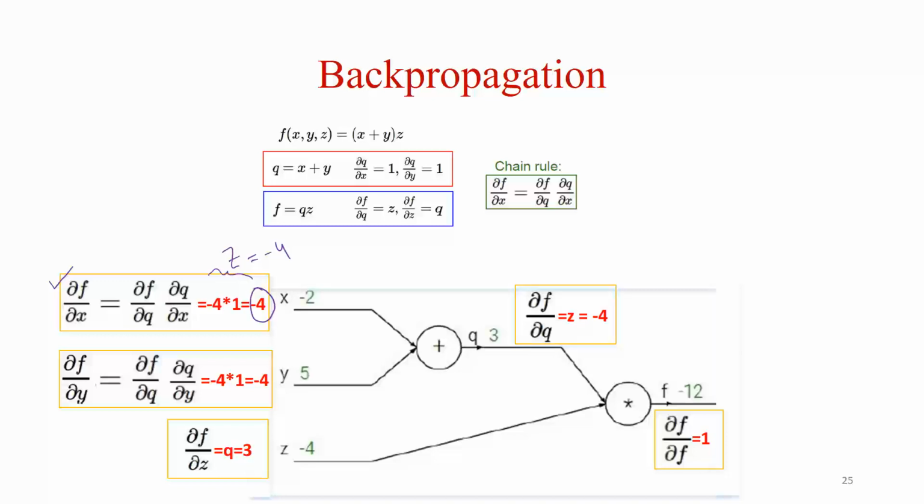Similarly, you can do the same math here. So this is delta f over delta q, which equals z, and delta q with respect to delta y equals 1, again gives you -4, which is the value of z. We already computed delta f with respect to delta z here, and we said it is equal to q, which equals 3.